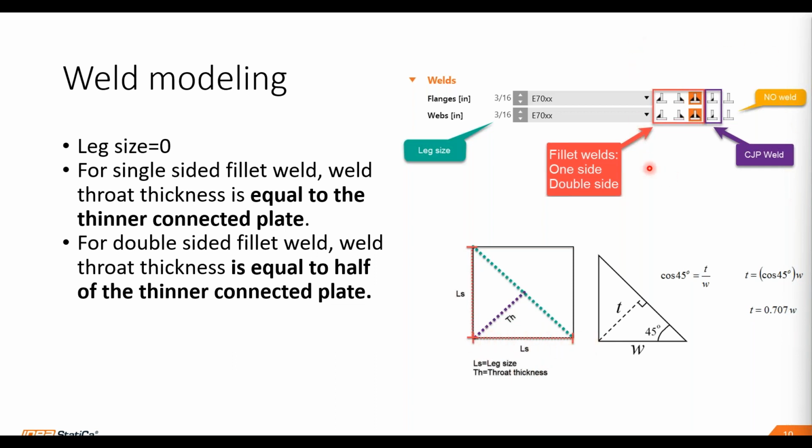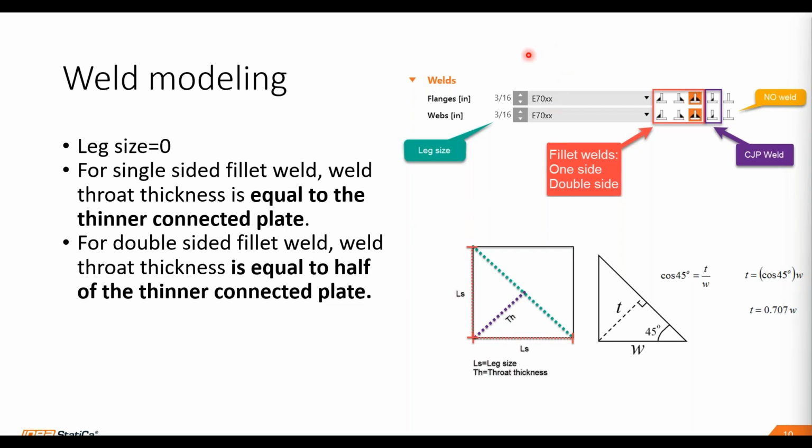Then you can select between fillet welds or CGP welds, one-sided or double-sided fillet welds. This is useful when you activate the 3D solid view, so you can see where that weld is located. Also, there is the option of no weld. Maybe you don't need that weld in that operation, so you can just turn it off, right?